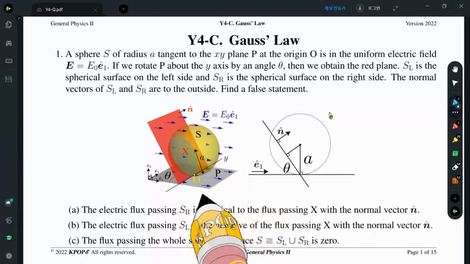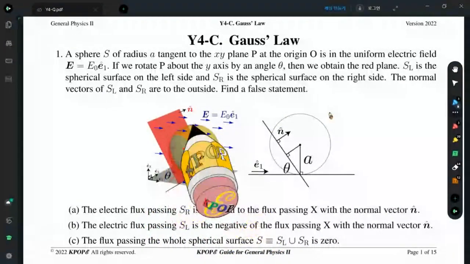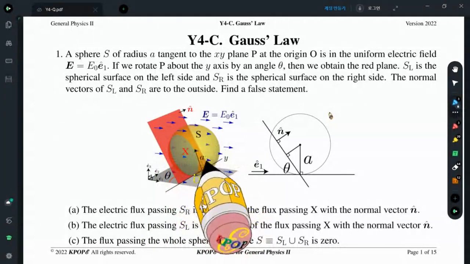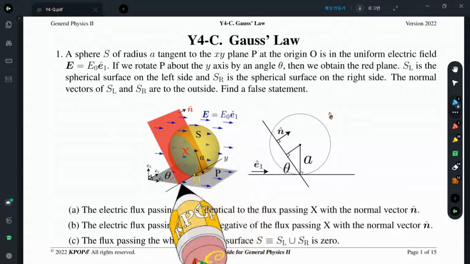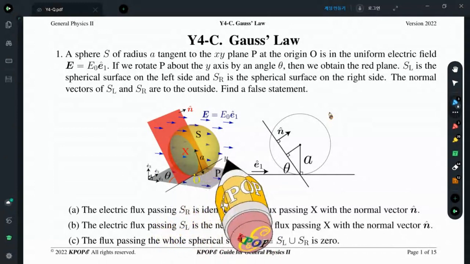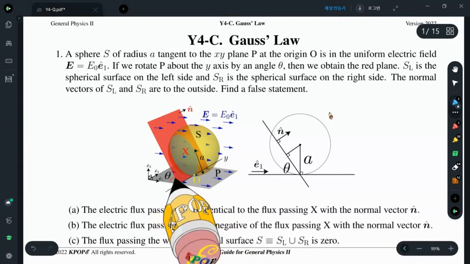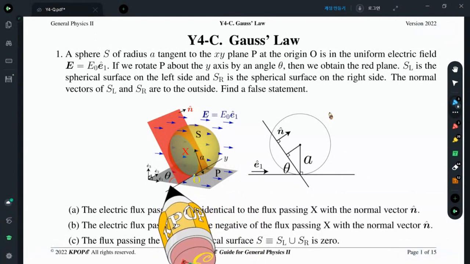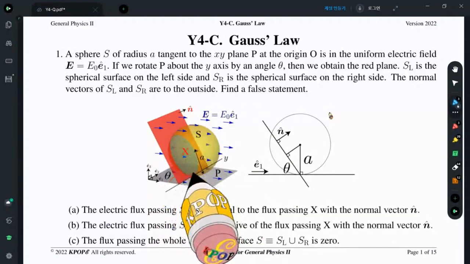We have a plane. On the plane, there is a sphere of radius a. And we have rotated this plane about the y-axis passing through the bottom point by an angle theta. And you will find the cross-sectional area X appears in here.